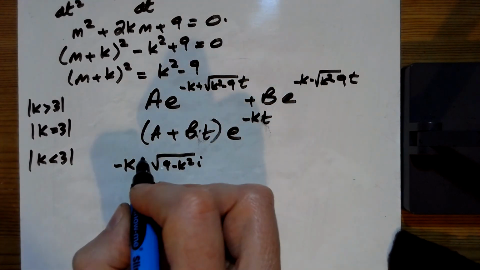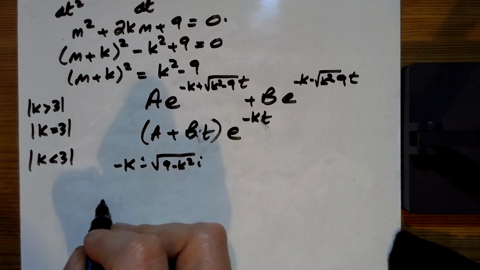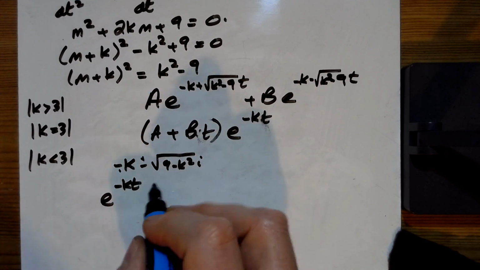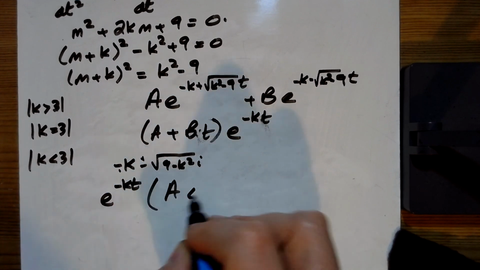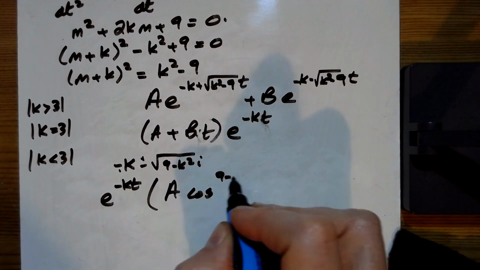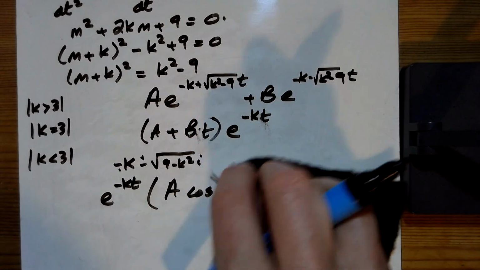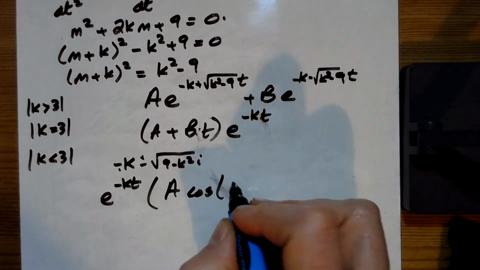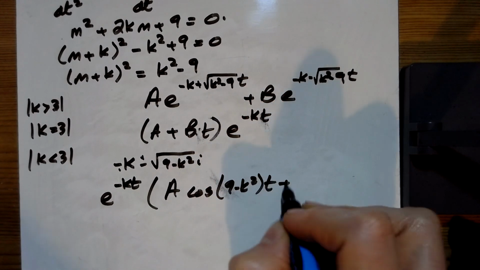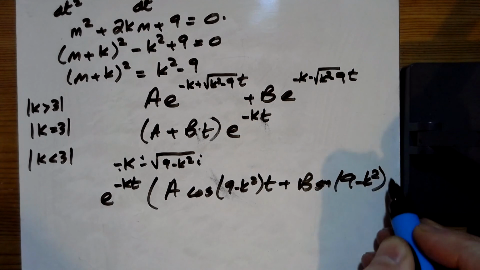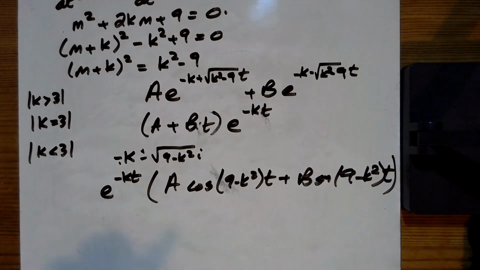I. Right, so it's going to be e to the minus kt from the real part, and then a cos of root 9 minus k squared t plus b sine of root 9 minus k squared t. I'm going to pause and think about that.